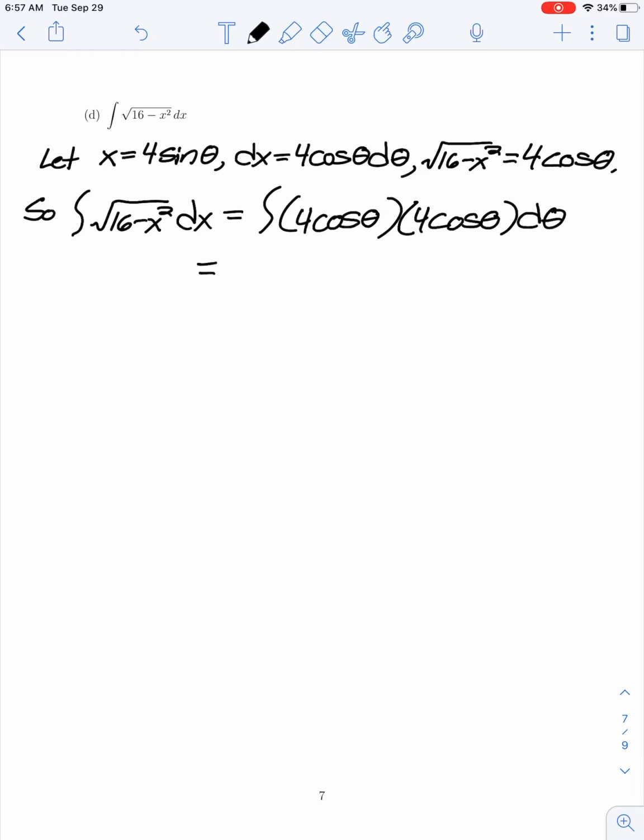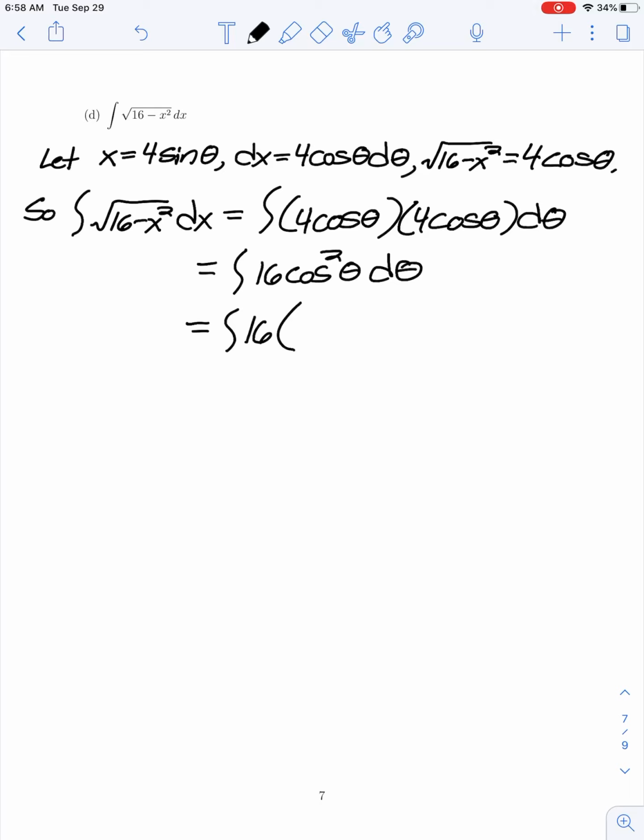So taking the product, we have the integral of 16 cosine squared theta d theta. And to evaluate the antiderivative of cosine squared, since it involves just an even power of cosine, we're going to use our trig identity for cosine squared theta.